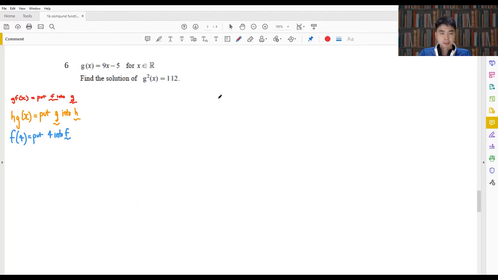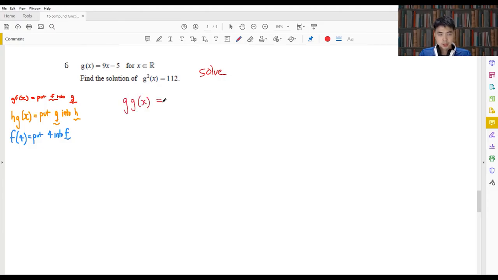Now, the last examples that we have in here is when the composite function is actually equals to something. And in this case, most of the time, you would be able to solve the equation, solve the equation for x value. Now, let's look at what we have here. g squared x, meaning to say g of g of x.